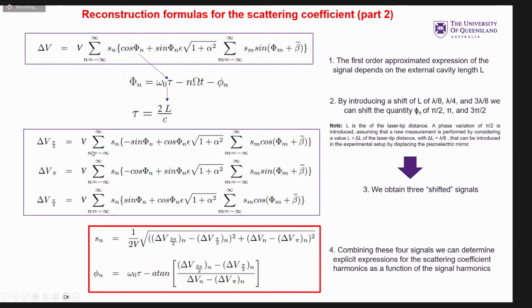Then, by combining these 4 obtained signals, we can determine explicit formulas for the retrieval of modulus and phase of the scattering coefficient harmonics as a function of the signal harmonics. We recall that the signal harmonics are the quantities which are experimentally measured through the lock-in amplifier.